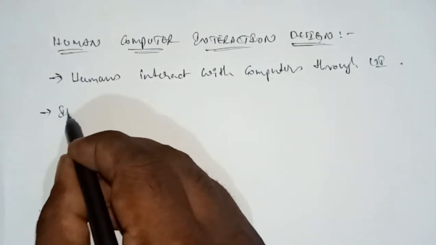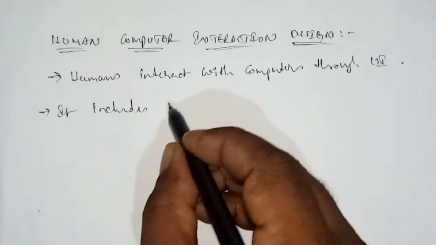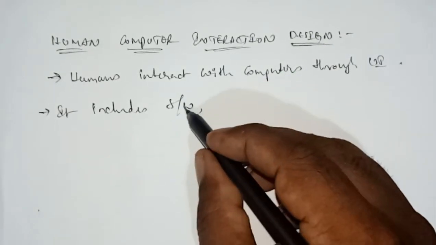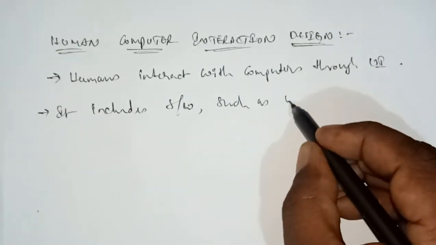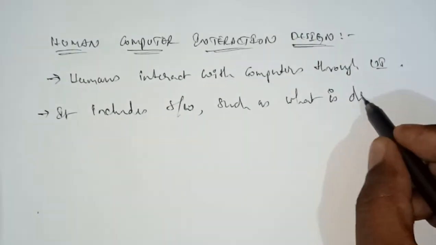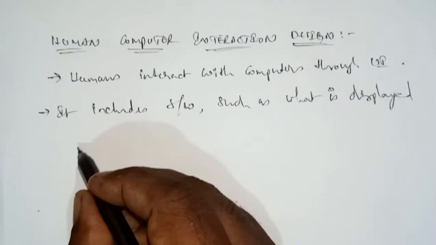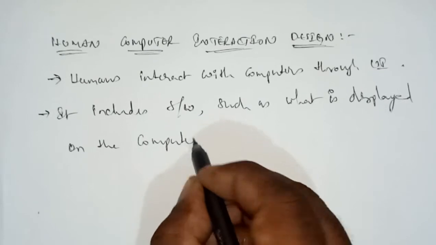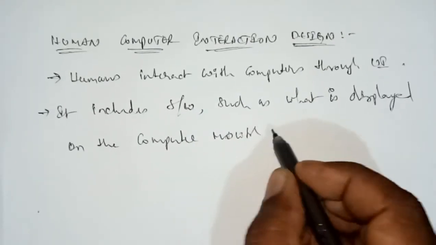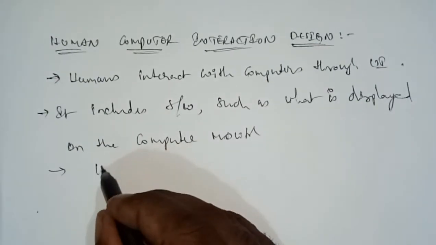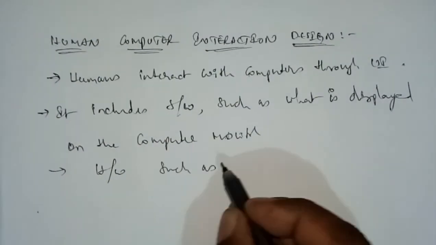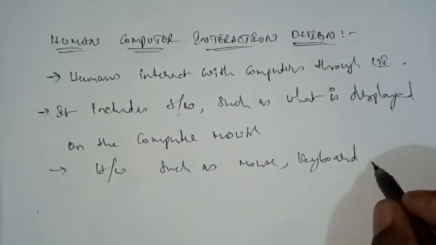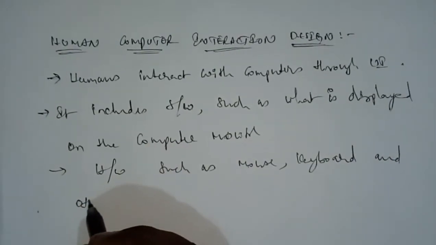It includes software, such as what is displayed on the computer monitor, and hardware such as mouse, keyboard, and other peripheral devices.